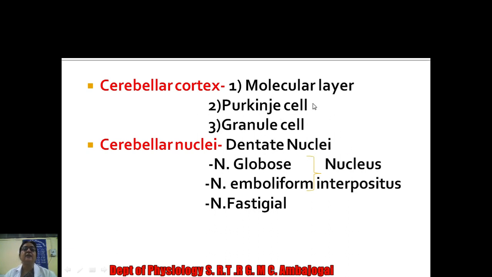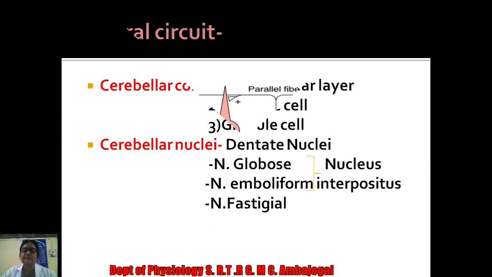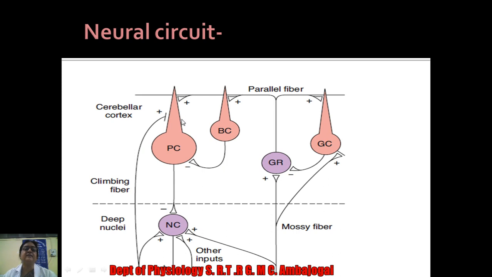What are the various layers of the cerebellar cortex? Molecular layer, Purkinje cell layer, granule cell layer. And the cerebellar nuclei buried within are the dentate nucleus, globose and emboliform, which together are called the nucleus interpositus, and the next nucleus is the nucleus fastigial.